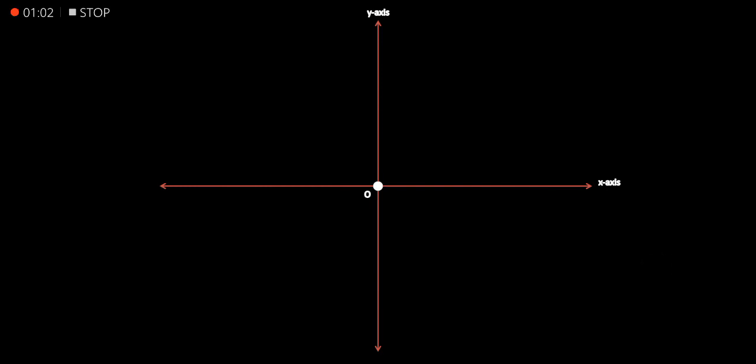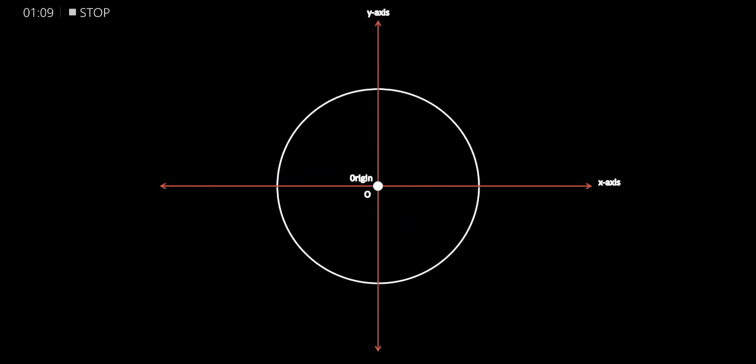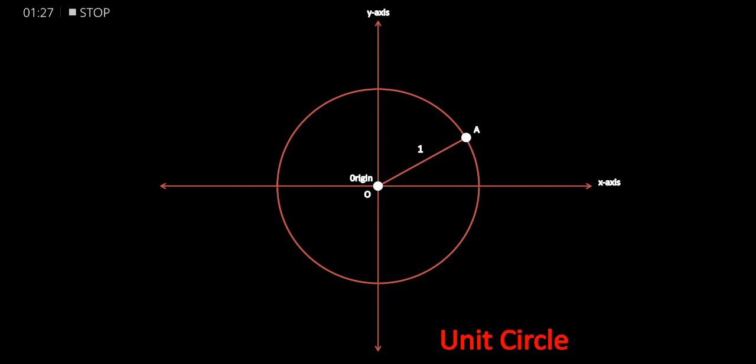Both the axes meet at point O, which is called the origin. We have a circle whose center is at the origin and radius of the circle represented by OA is equal to 1 unit. Such a circle is called a unit circle.